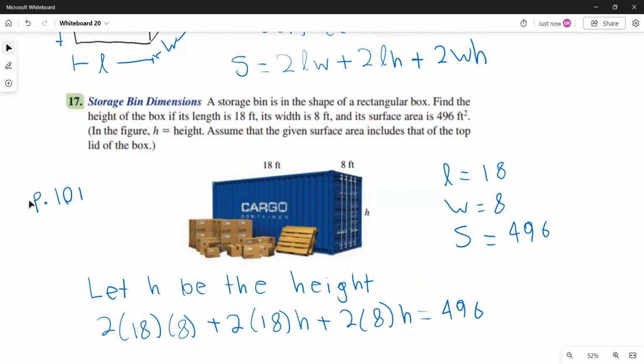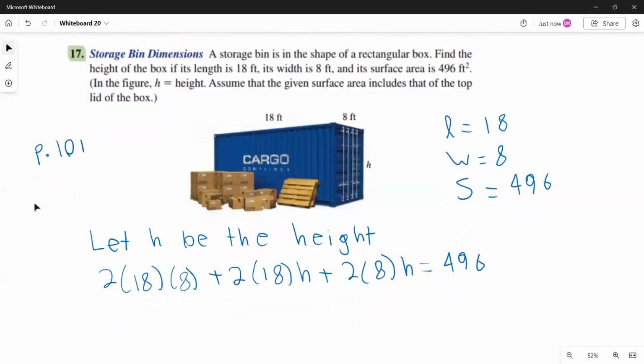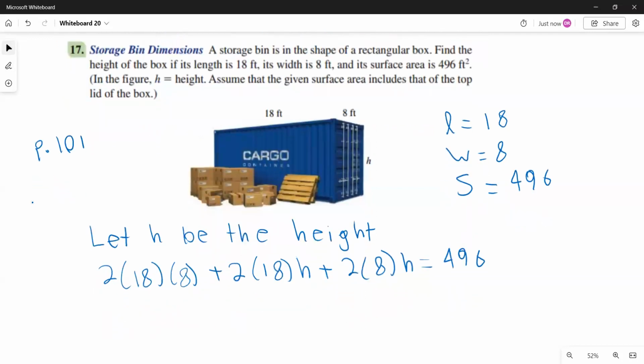We're going to solve this equation for h. Okay, so 2 times 18 times 8 is 288. Two times 18 is 36, and 2 times 8 is 16.